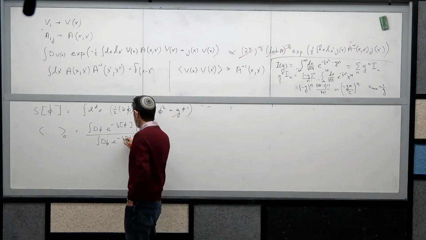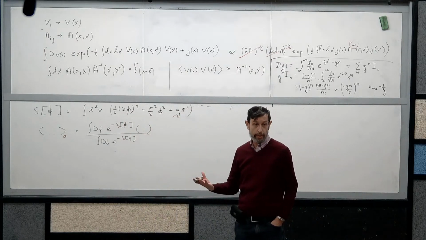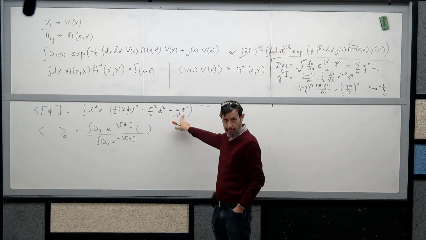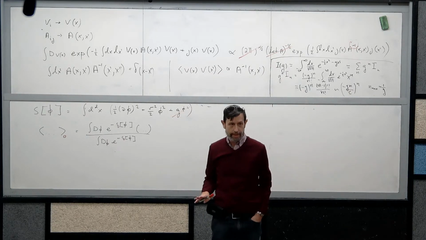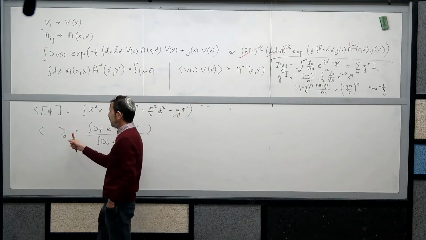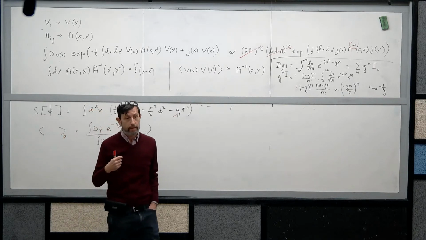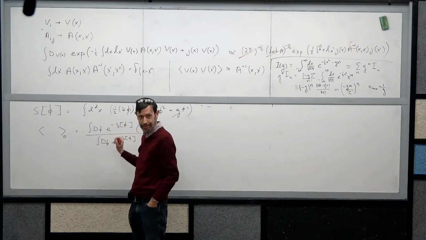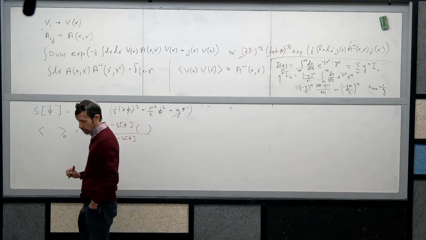The only difference is I take the action with no interaction, meaning I lose this term. And actually the name of the game would be to calculate this property with interaction by somehow expressing it only as terms with no interaction. Okay, at the moment it's not clear how we'll do.